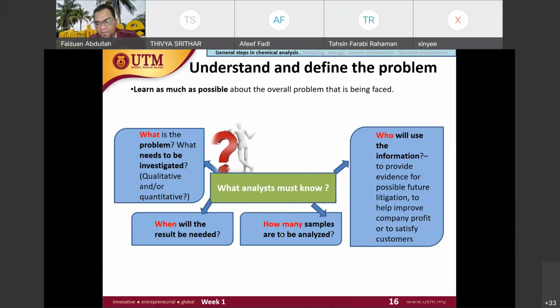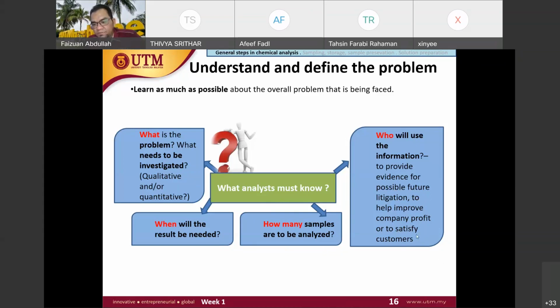Blood sample, fingerprint sample, DNA sample, right? And anything more related to criminology. And who will use the information? Of course, the police will use the information to give the facts, okay, and to figure in the court, okay, to provide evidence of possible future litigation, to help improve company profit or satisfy customers.